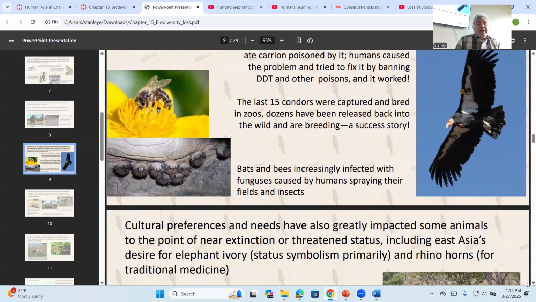It's caused major population die-offs, what we call white nose bat fungus, in a lot of East Coast bat colonies, right? So things aren't even meant for them, like spraying fields for agriculture, and the fungus gets passed on to bats, and then bats pass it on, and they die off.